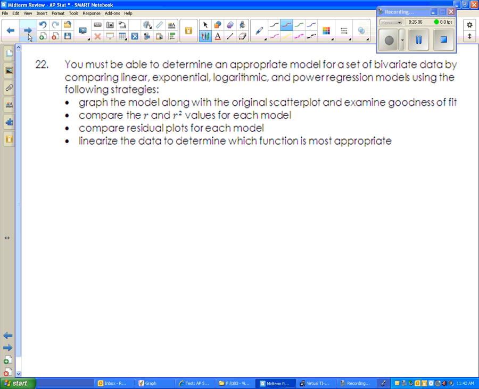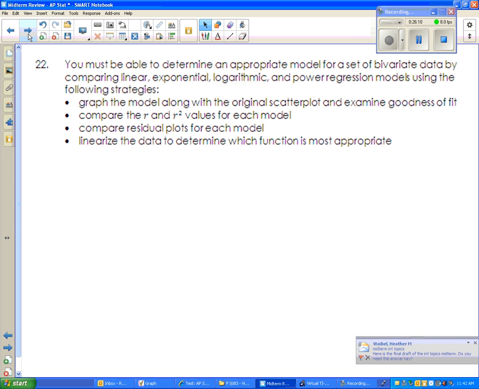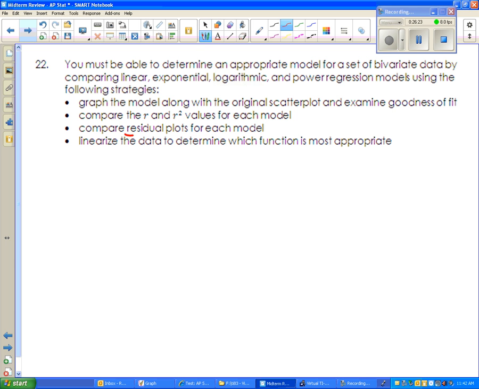In problem 22, it's not really asking you to do anything except to review your notes for graphing a model along with the original scatter plot, examining goodness of fit, comparing your R and your R squared values with each model, being able to construct a residual plot. So make sure that you remember a residual is always the actual minus the predicted.